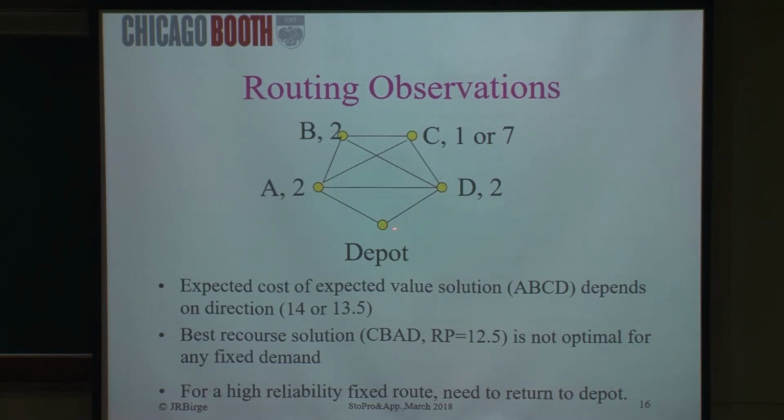But the expected value solution, either way I go, if I look at what actually happens with it, for example, suppose I'm doing A, B, and then I get to C, and C's value is 7. Then I'm going to have to fill up as much as I can. I have 6 left, so I'll fill 6 out of C's 7 requirement.